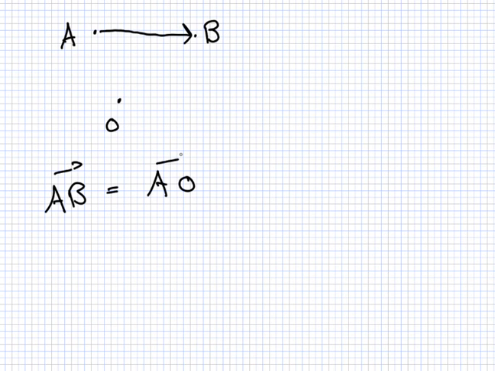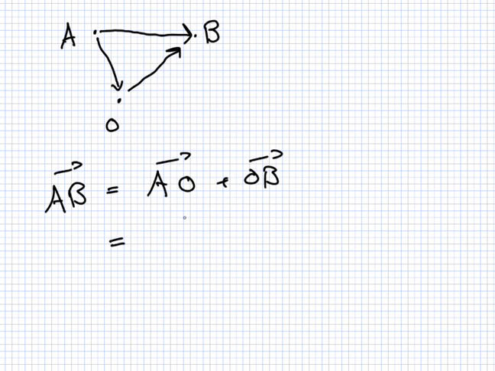So for example, we have 3 points here, O, A, and B. And I would like some formula for AB. And you notice that AB here, that's the same as AO plus OB.